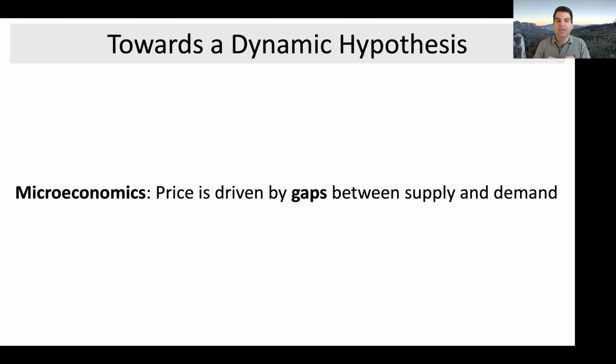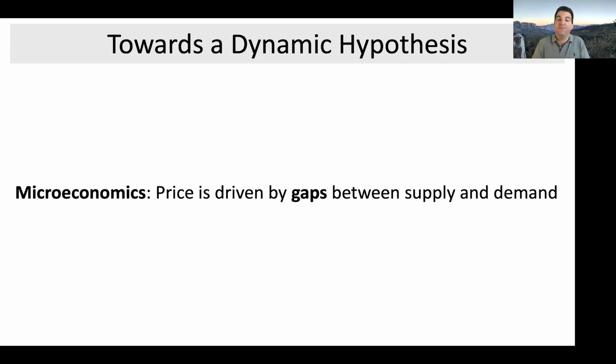And in markets, price is driven by gaps between supply and demand. If there is an excess of something you're trying to sell, you're not going to get someone to pay a lot, because they can go to one of your competitors, and your competitor will offer a little less than you and get the sale. Then you can offer less than that competitor, and it's a race to the bottom until eventually you get a low price that no one else can go lower than, and that ends up being the price.